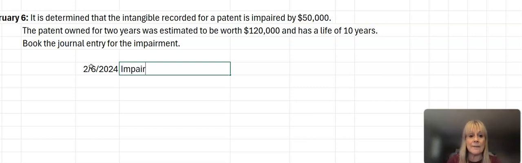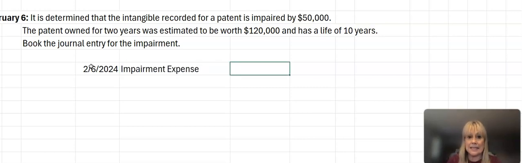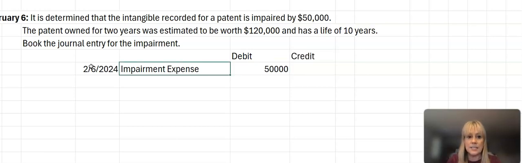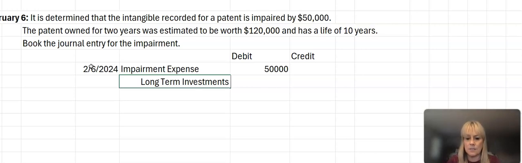So what we want to do is we have an account called impairment expense, and we are going to debit impairment expense for $50,000. And in this particular case, we have an account that we credit. It's going to be called intangible asset, I believe, is the name of that account that we are given.